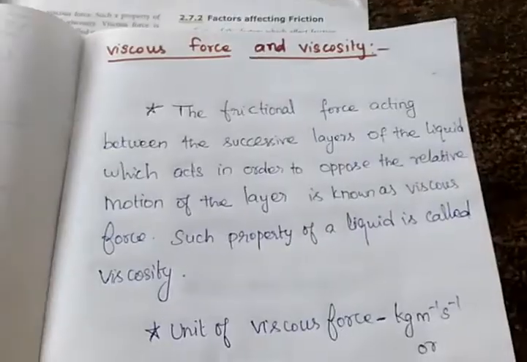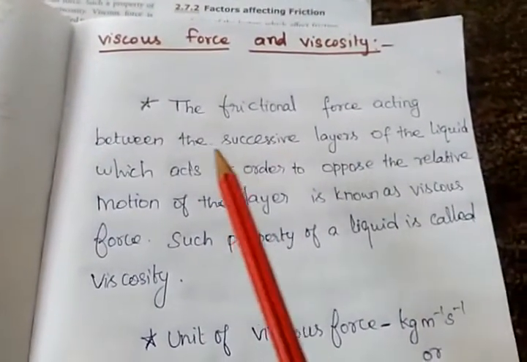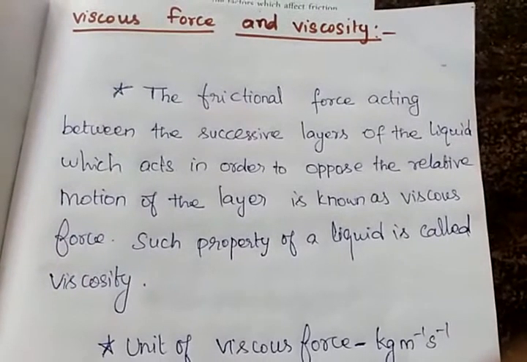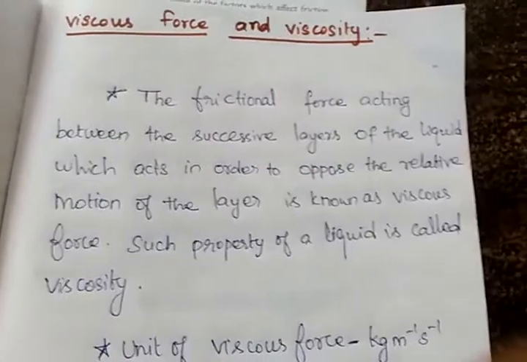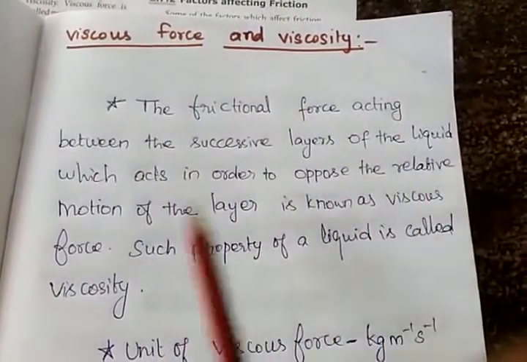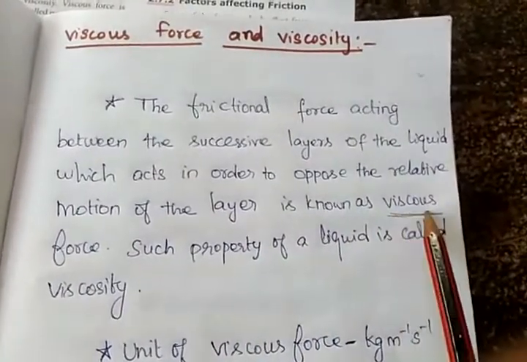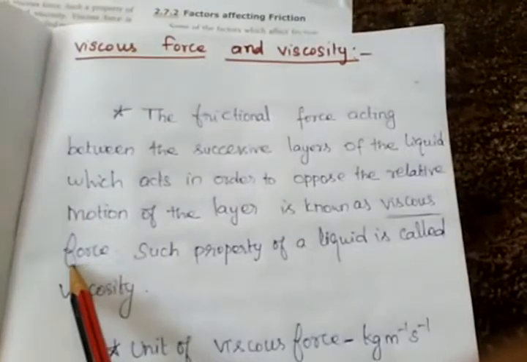Okay, students, finally we know the frictional force acting between the successive layers of the liquid, which acts in order to oppose the relative motion of the layers, is known as the viscous force.